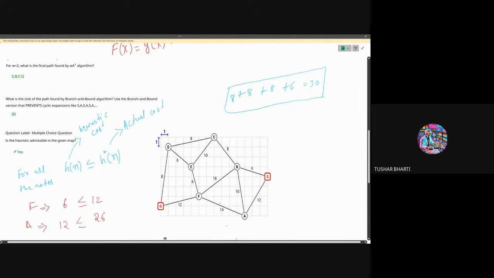Similarly, you can do it for C: it has a heuristic value of 14, and the actual cost is 8 plus 8, 16. If all the nodes satisfy this, then you can mark this yes.